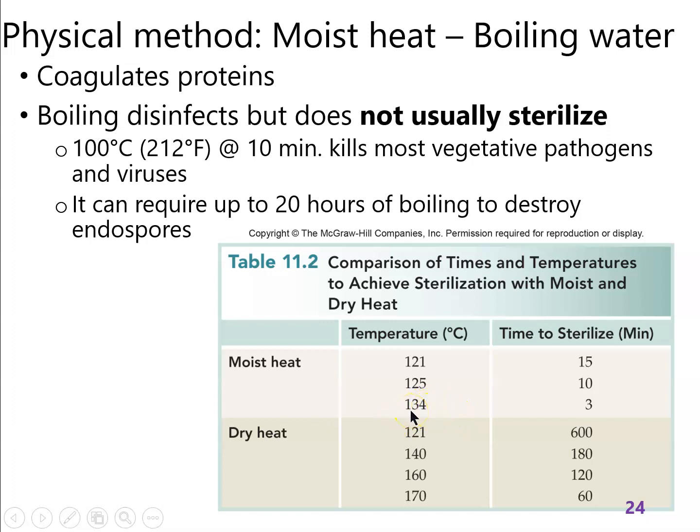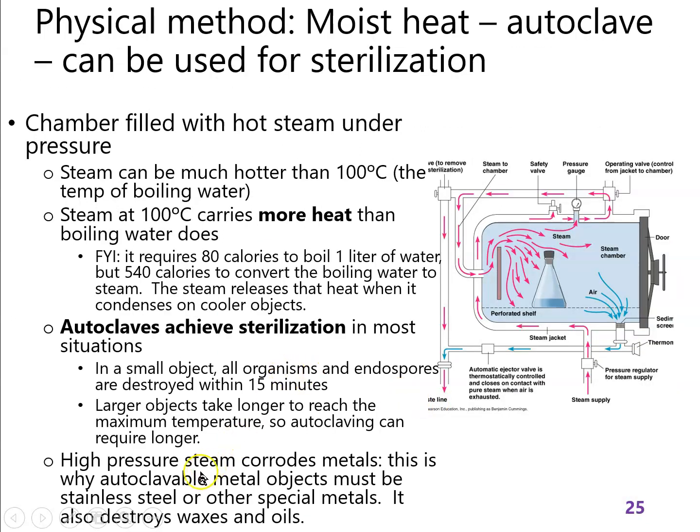So if you want to autoclave like metal parts, you'd use this temperature. The tricky thing is that high pressure steam corrodes metals. And so anything you're going to autoclave, any metal you're going to autoclave, has to be stainless steel. And it turns out autoclaves are made of stainless steel.